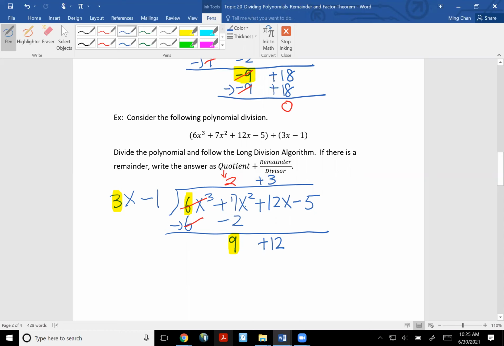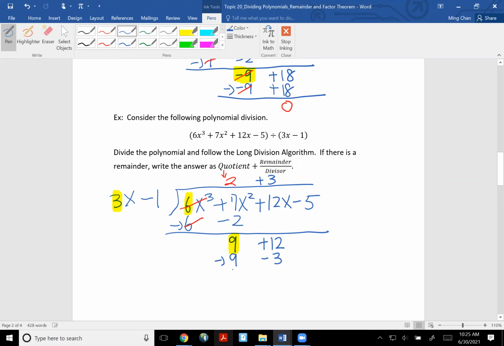The 2 is lined up with 7x squared, so the next quotient has to be lined up above the +12x. Once I write my quotient on top, I multiply the two terms on the outside. 3 times 3 is 9, put below the first term. +3 times -1 is -3, put below the second term.